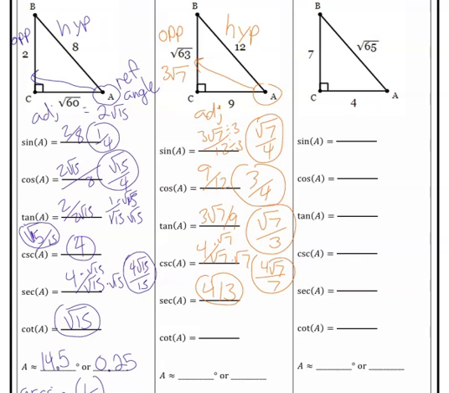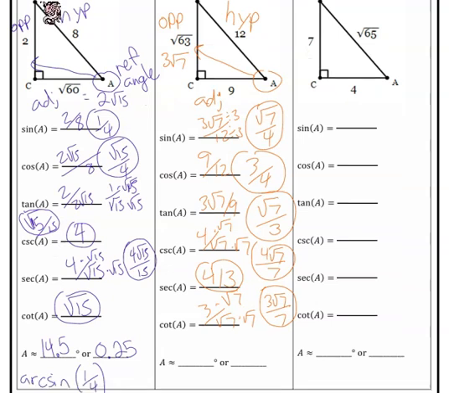Cotangent of A, the reciprocal of tangent, adjacent over opposite. And then we have 3 over square root 7. Rationalize that. We get 3 square root 7 over 7.